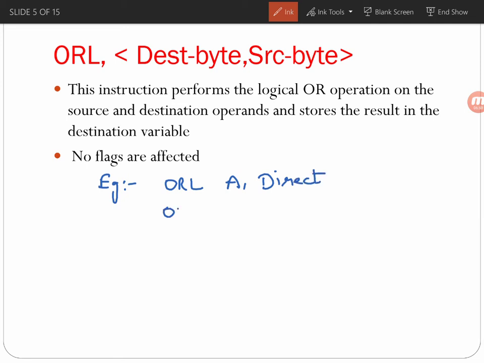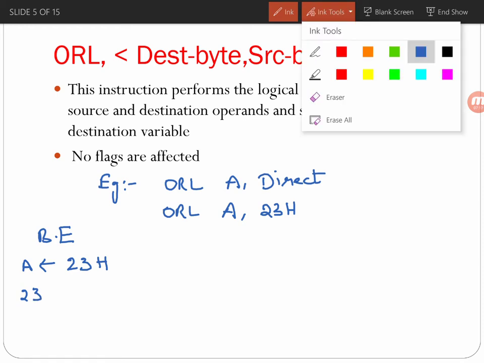Let's take an example for this. ORL A, with the memory location being 23H. Before execution, let's not get confused with the same 23.